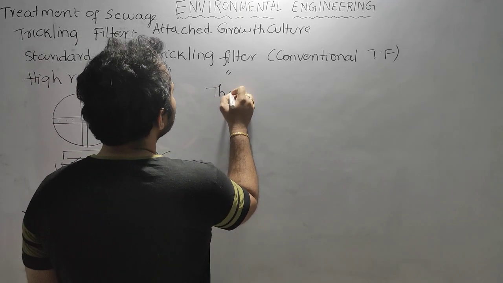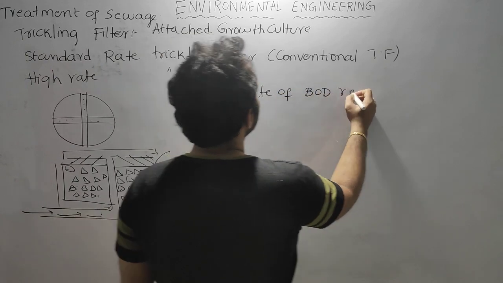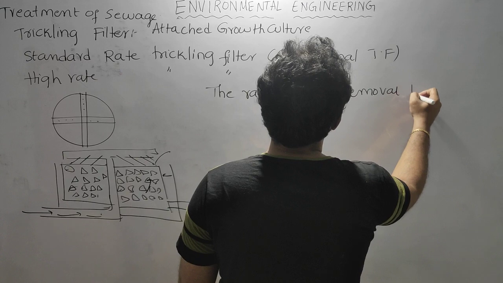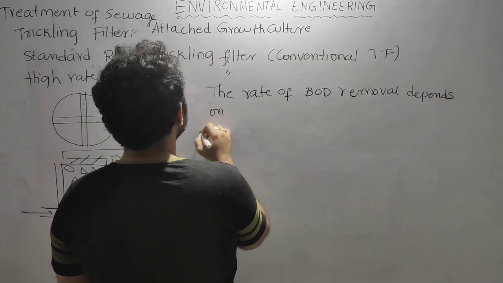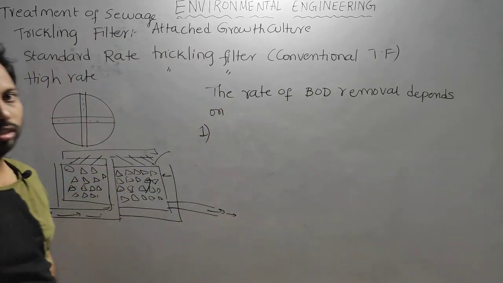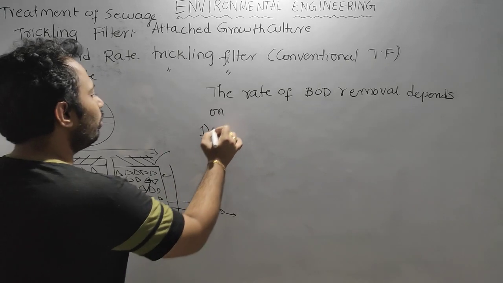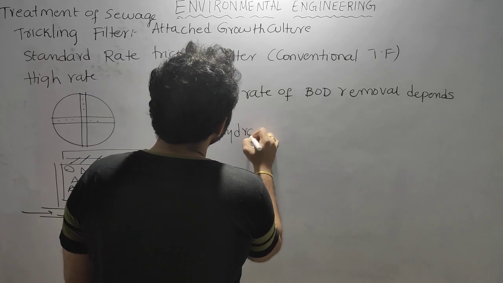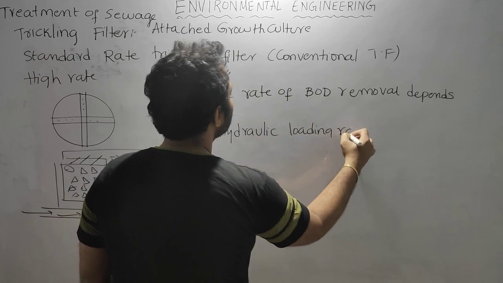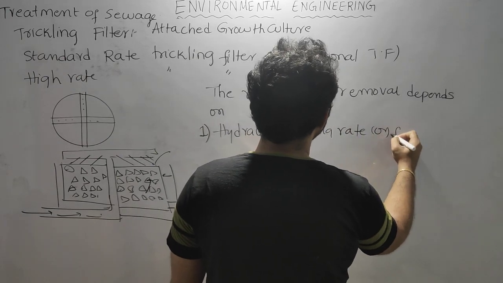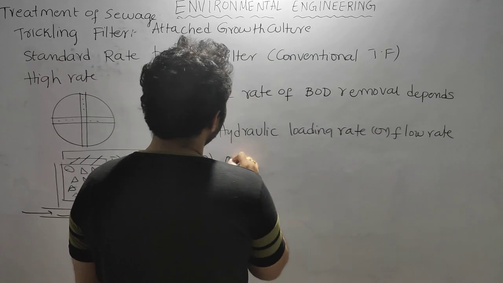The rate of BOD removal depends on the hydraulic loading rate, how much loading you are doing, or we can call it the flow rate, and it also depends on the organic loading rate.